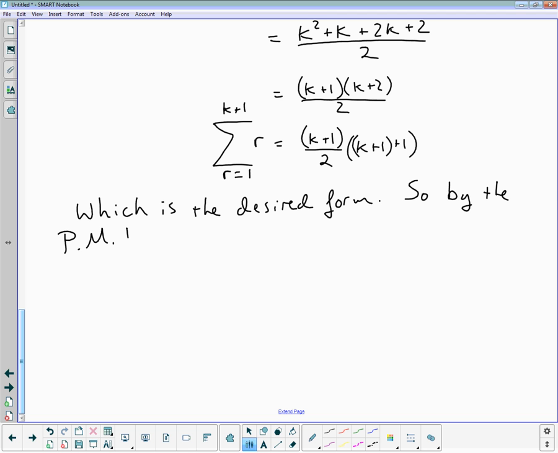Principle of mathematical induction. And we're done.